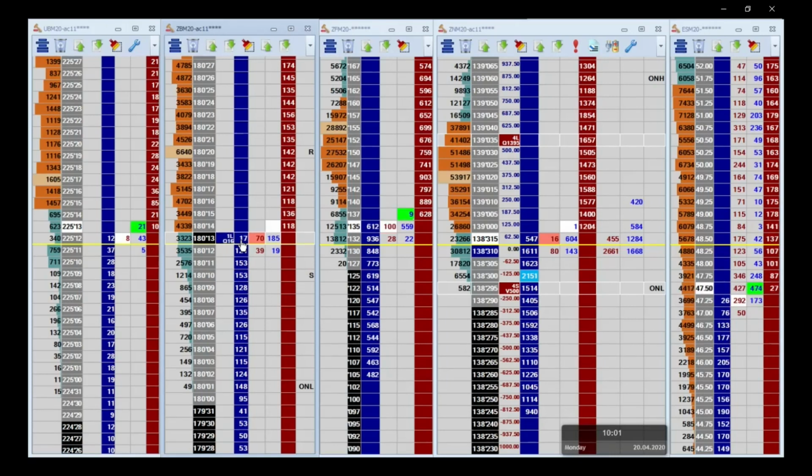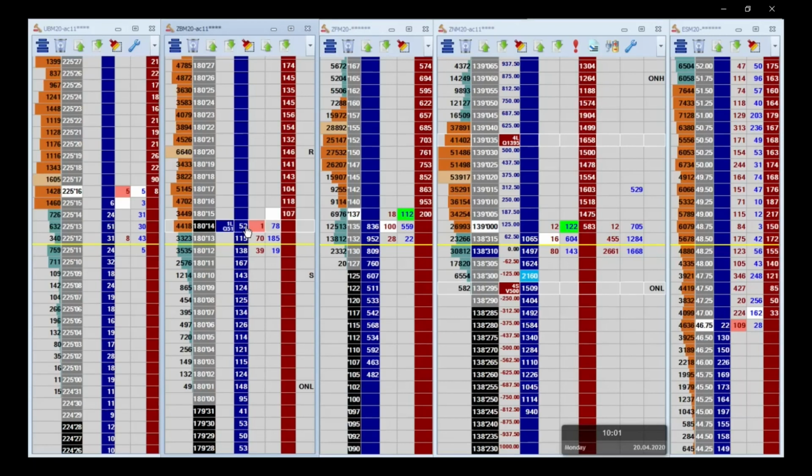If I recall, I think I chased this thing quite a bit. Now I'm definitely not going to get filled at 13, I don't think. Especially if it doesn't drop back in right away.